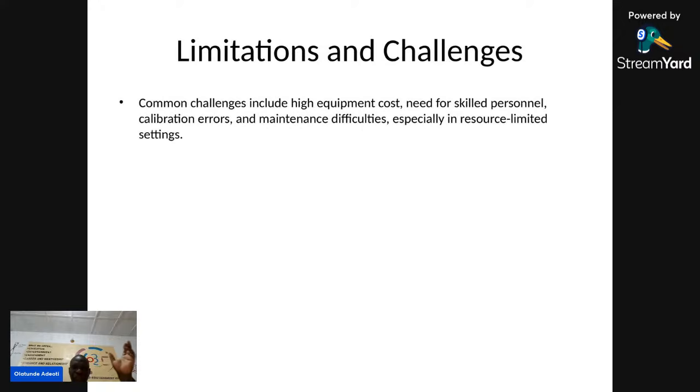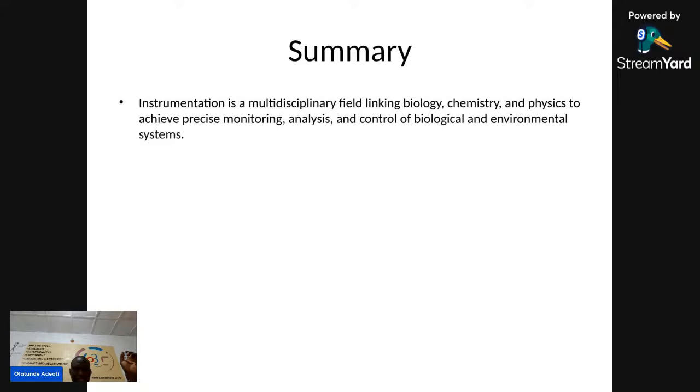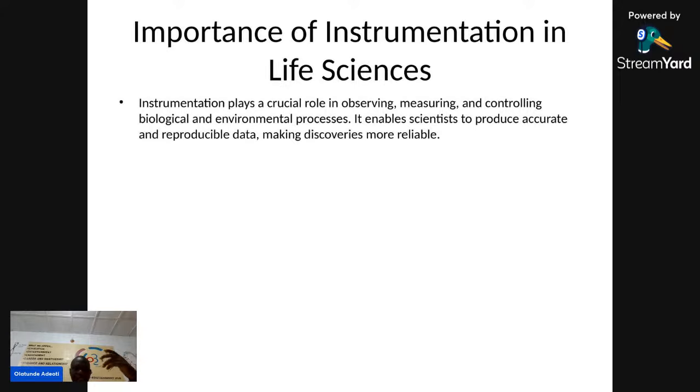We also look at challenges, and part of the challenges include the high cost of equipment, need for skilled personnel, as well as limited resources as we have in Nigeria or in Africa. We also look at the importance of instrumentation in life sciences. We said it is an enhancer, so data science is an enhancer in instrumentation.